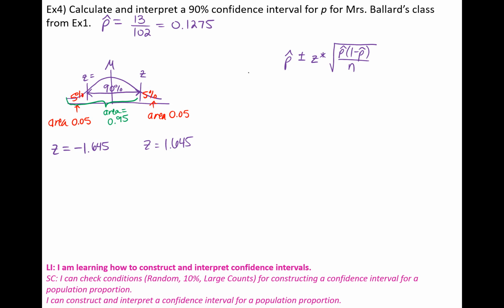All right, so into my confidence interval, my p hat was 0.1275. I have my z critical score, which is plus or minus 1.645.